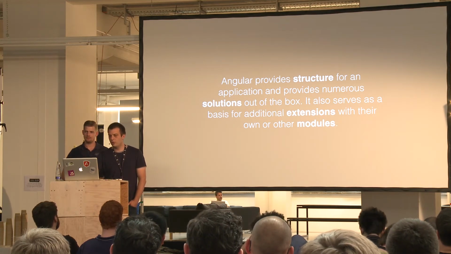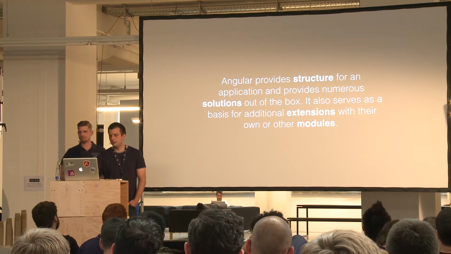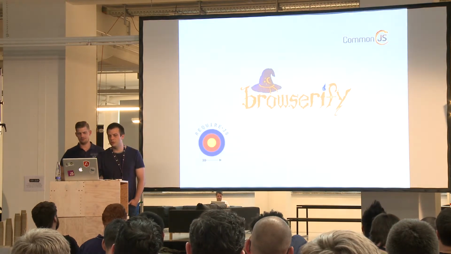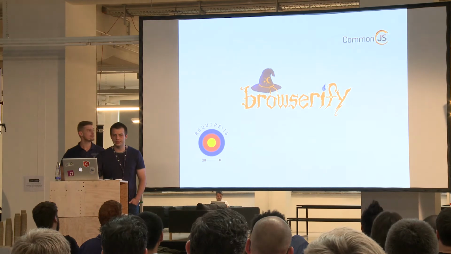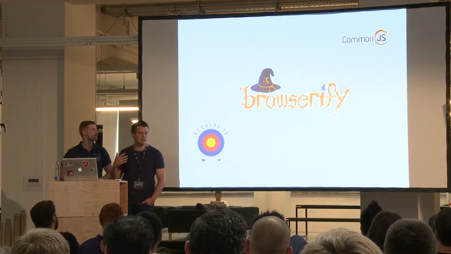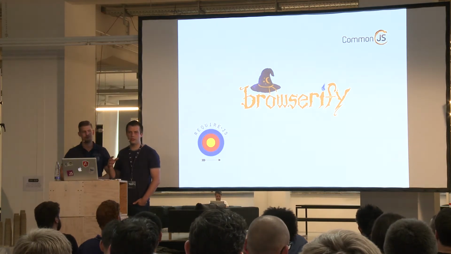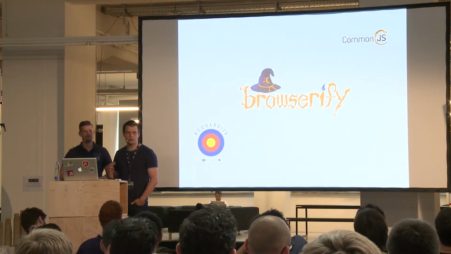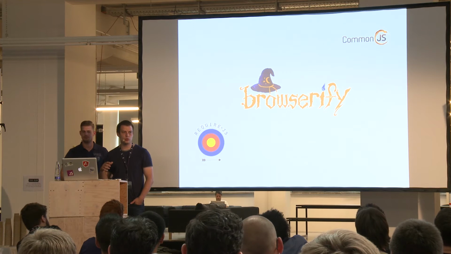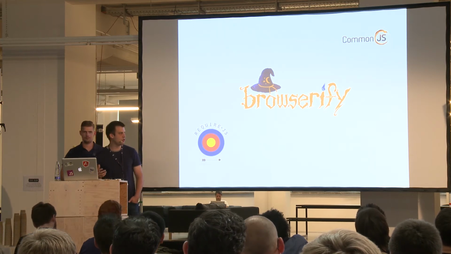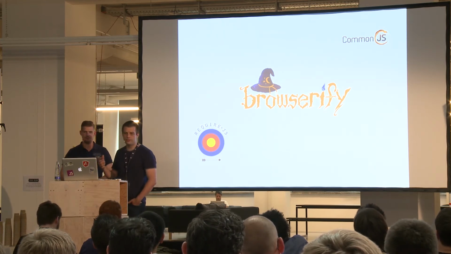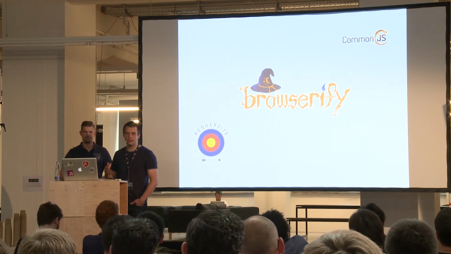On top of or parallel to this structure framework, you should use module loaders. And module loaders give you the chance to modularize your application. If you're building your application in modules, you have the chance to enable or disable certain features and test them independently.